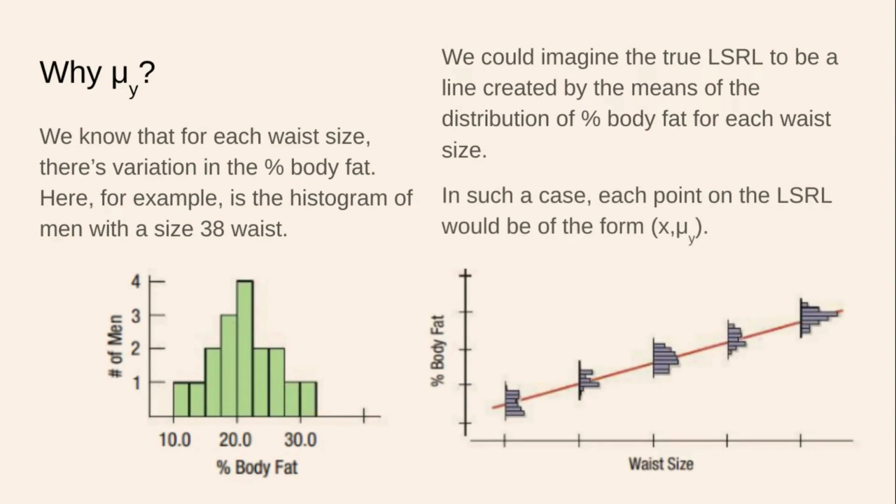In such a case, each point on the least squares regression line would be of this form. You have an x value, and then for the y, you have the mean of the y values for a particular value of x. And those would form the ideal least squares regression line, the least squares regression line for the entire population.